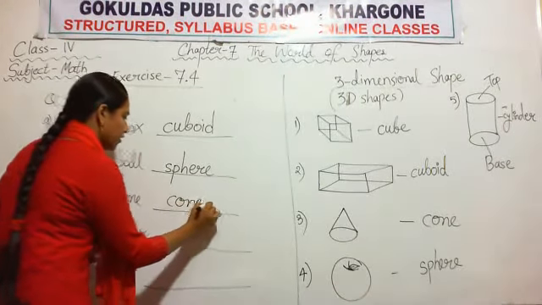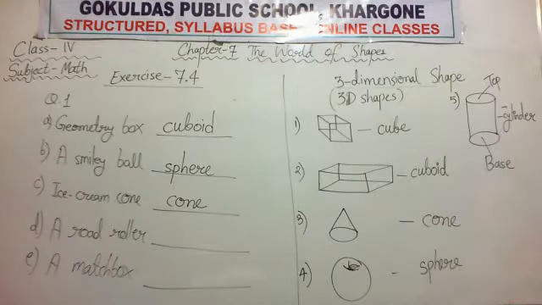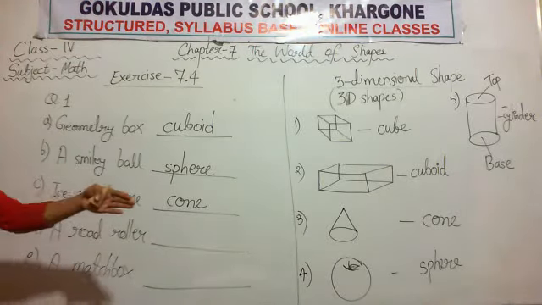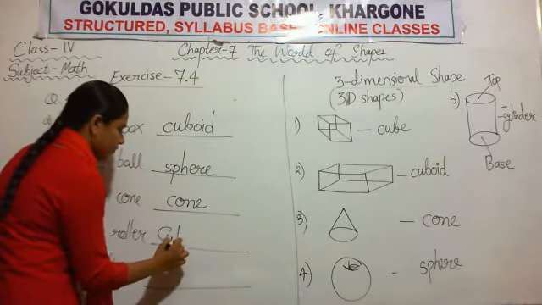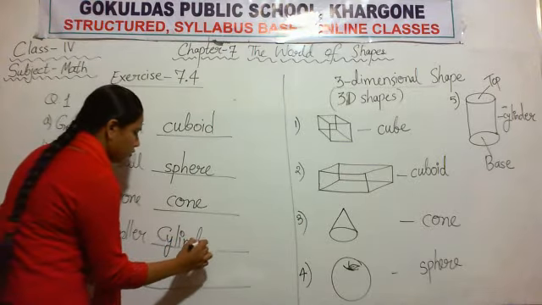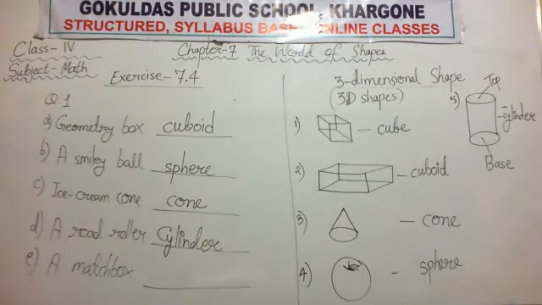So write cone here. Next, a road roller. Have you seen a road roller? Yes, you have seen. The front wheel of the road roller is cylindrical in shape. So the shape of road roller is cylinder.